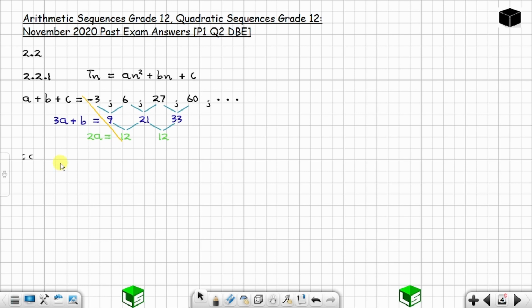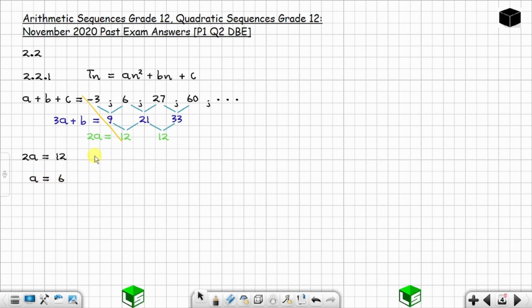So you have 2A is equal to 12, right? So what is A equal to? You divide by 2 on both sides. You have A is equal to 6. And then you go to this one. This one has got 2 unknowns. Now you know your A is equal to 6.